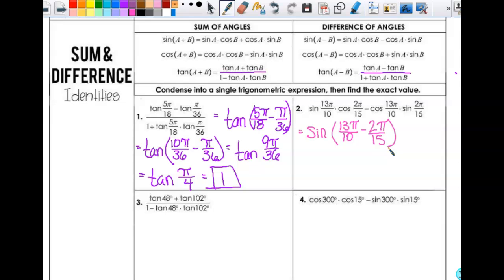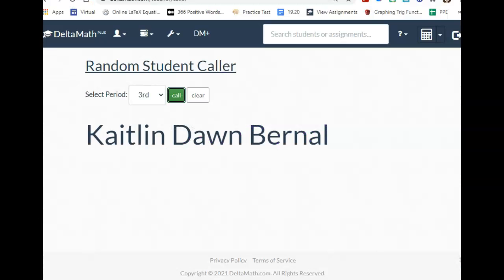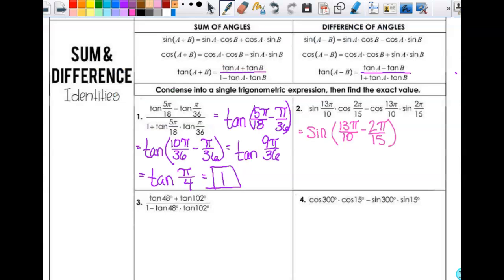I'm going to need a common denominator. David, what would my common denominator be? You got it. So this will be sine of 39 pi 30ths minus 4 pi 30ths.